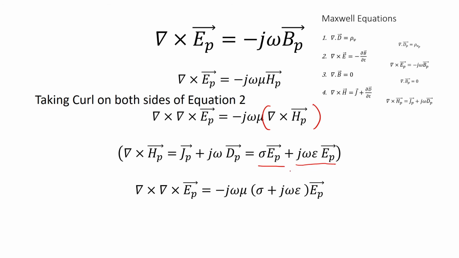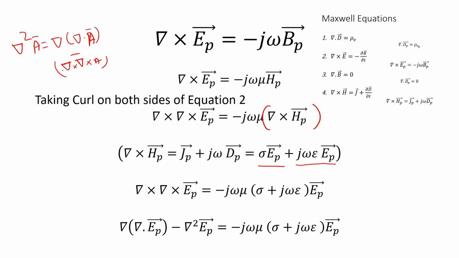So if I write this, that is equal to minus j omega mu times sigma plus j omega epsilon Ep bar. From the vector identity, del square of A bar is equal to the gradient of its divergence minus curl of its curl. So I can write the curl of curl to be gradient of divergence minus the Laplacian.